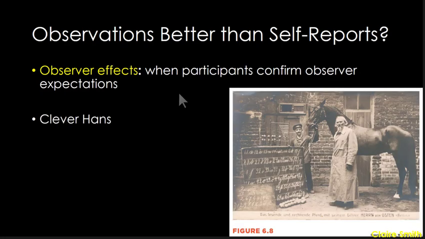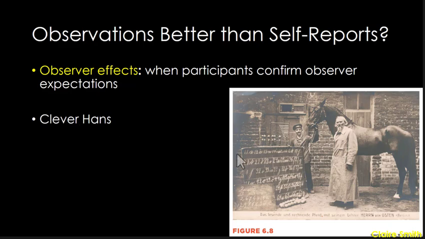Another thing that we can have is what's called observer effects. Instead of the observer seeing what they want, with observer effects, the participants confirm observer expectations. So the participants, the people who are being observed, act in a certain way because of the observer, if that makes sense.